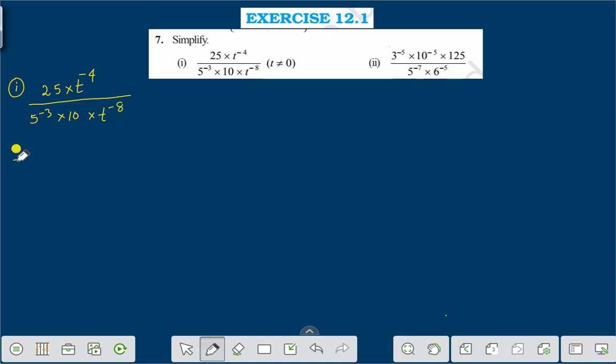Therefore, we are getting 25 can be written as 5 into 5, into t to the power minus 4.